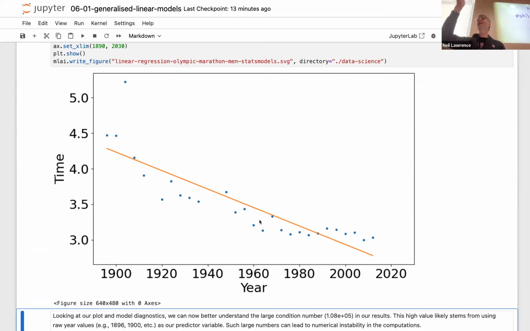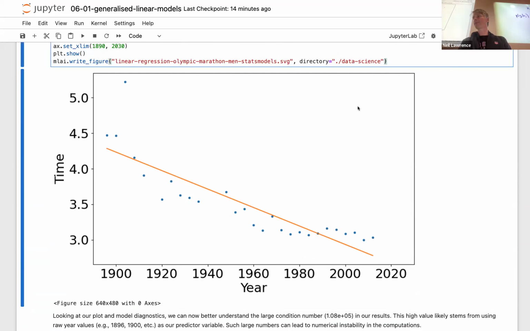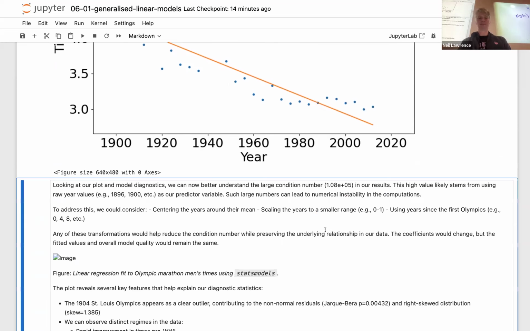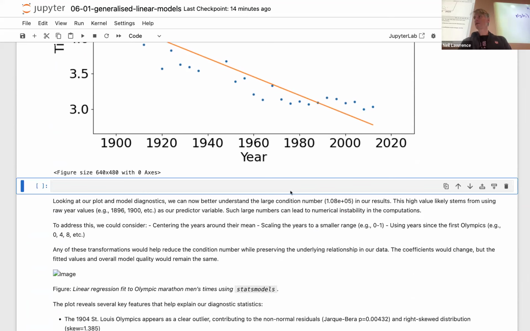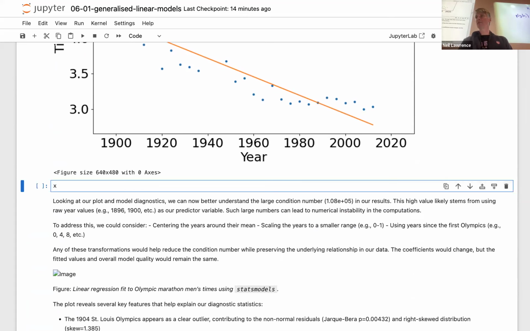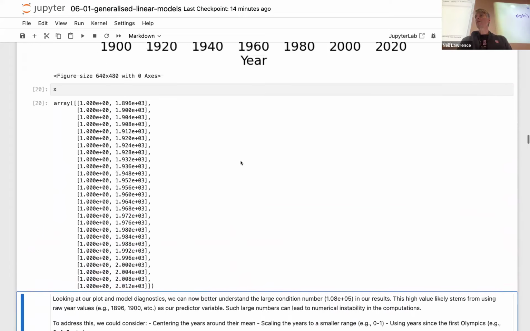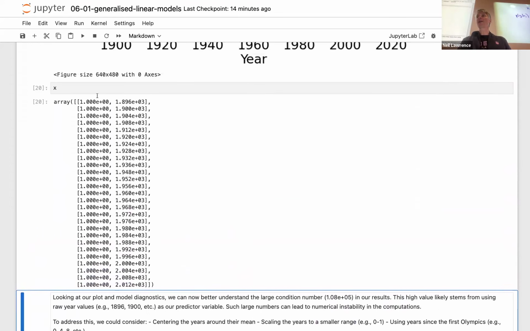But notice that C is coming in through X. If we look at X, what we'll see is a NumPy array where the first thing is all ones and then the second thing is all those years.